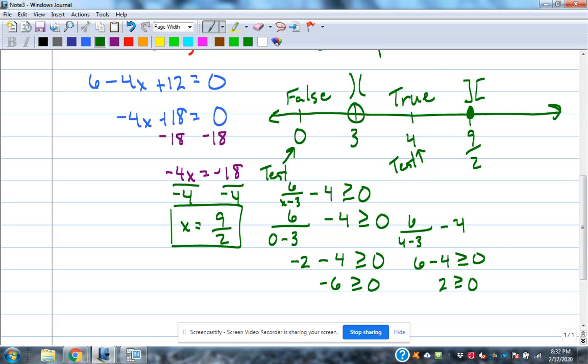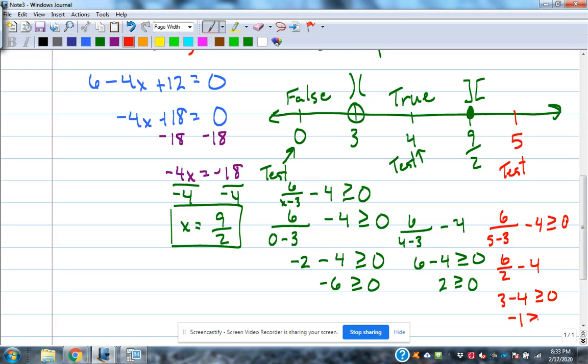But we got one more interval to check. So we need to test the numbers that are bigger than 9 over 2. What's an easy number that's bigger than 9 over 2? 5. I'm going to pick 5 and plug it in. I'm going to test the 5. So 6 over 5 minus 3 minus 4. We want to test if that's greater than or equal to 0. So that'd be 6 over 2 minus 4. That'd be 3 minus 4.